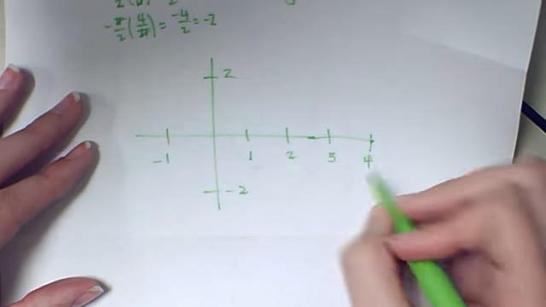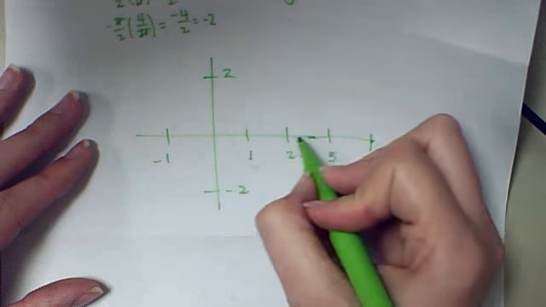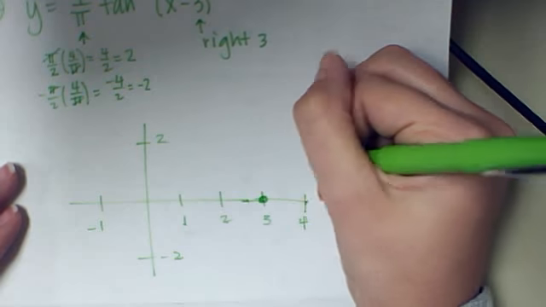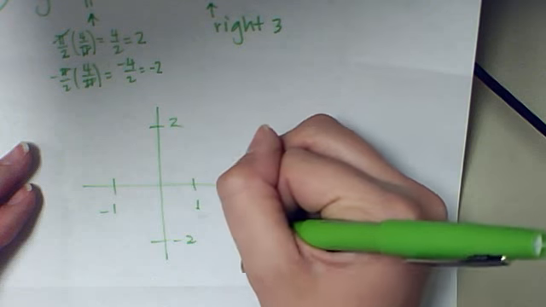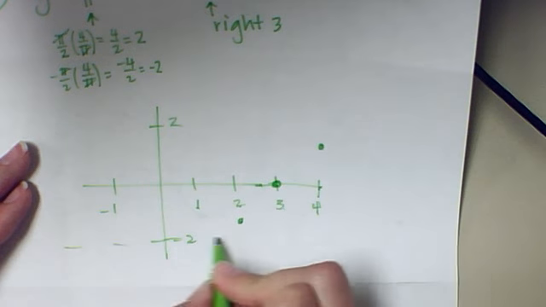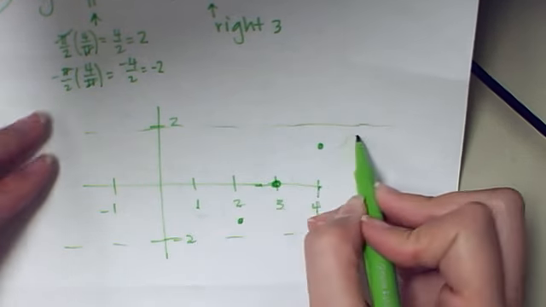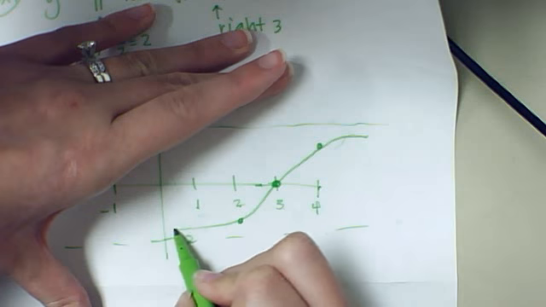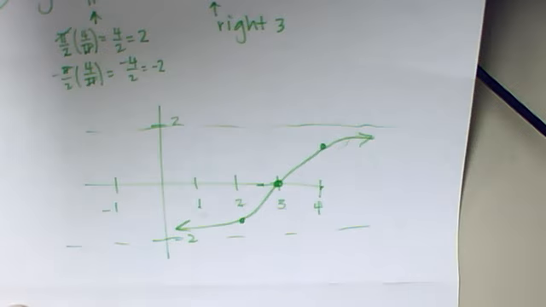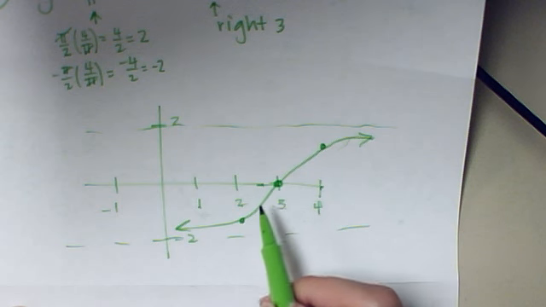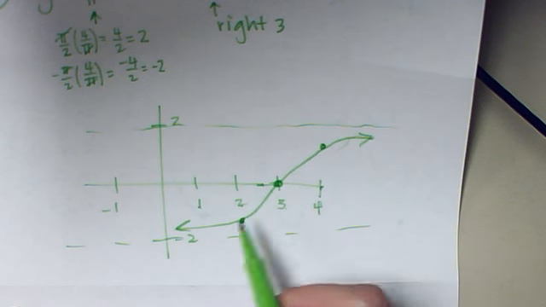So my new point here will be 4. My new 0 is 3, so I'm going to put a mark here, mark here, mark here, my asymptotes, and my graph that hugs those asymptotes. So I moved over by 3, my 0 moved over 3, this point moved over, this point moved over, and my height changed. And that's all for that.